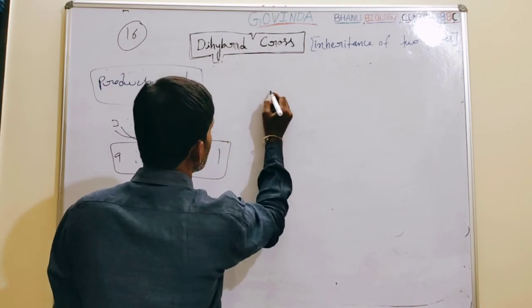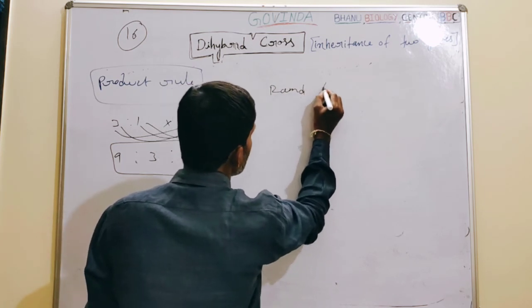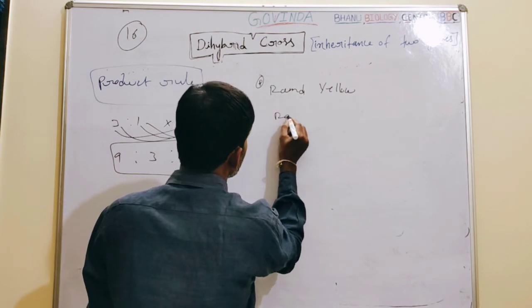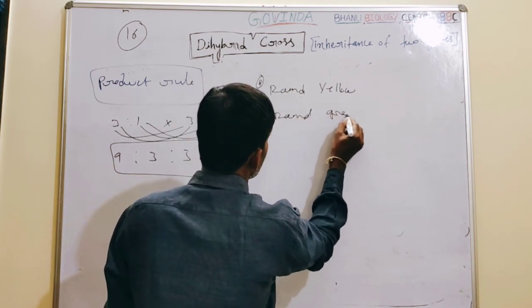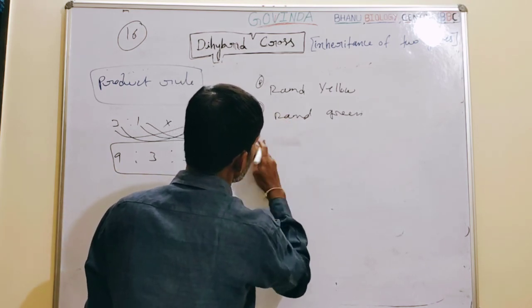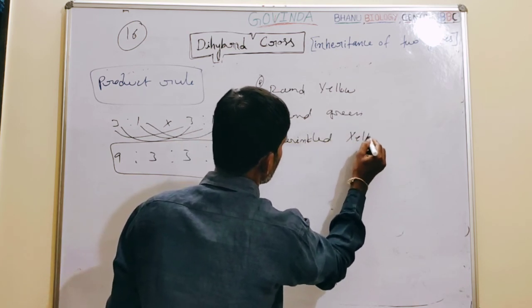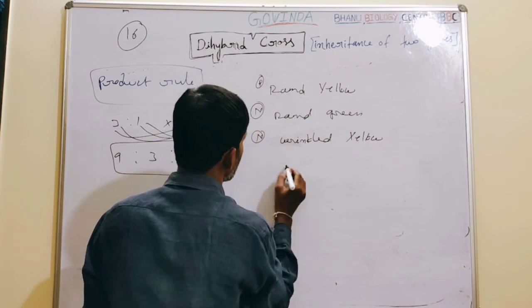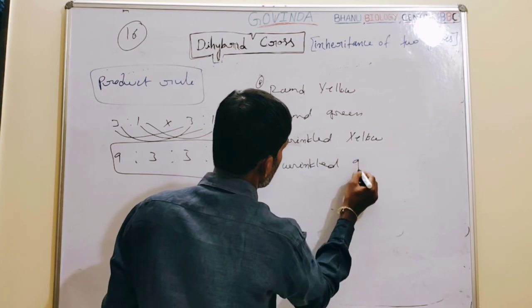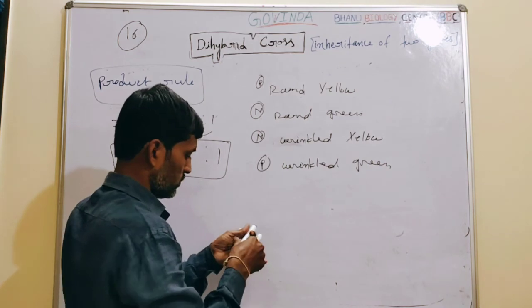The two new combinations are: one is round yellow, this is the parental type. The second one is round green, it is a new combination. The third one is wrinkled yellow, this is also a new combination. The last one is wrinkled green, pure recessive, it is the parental one.